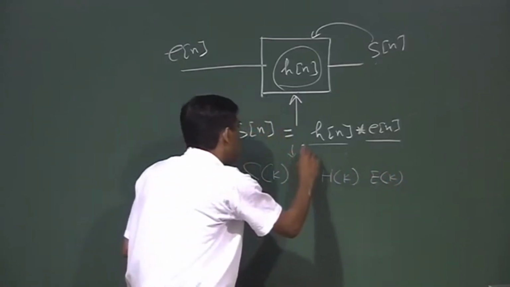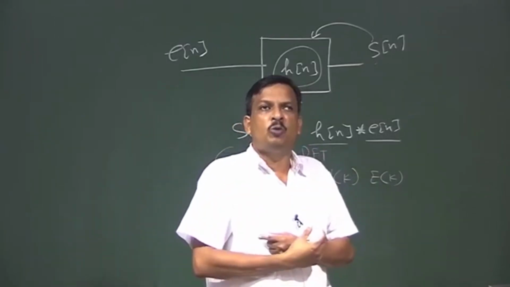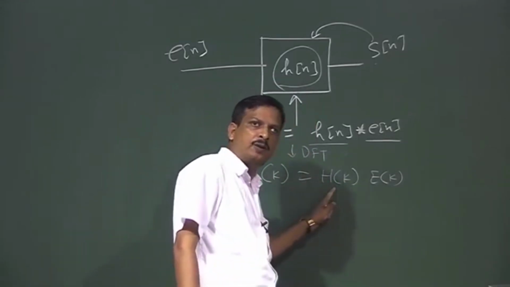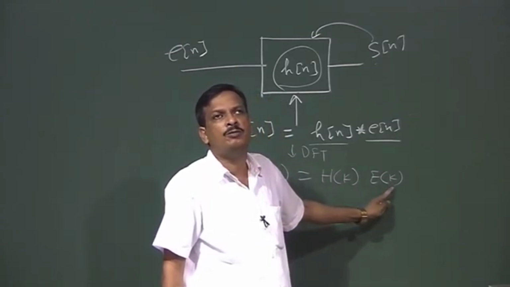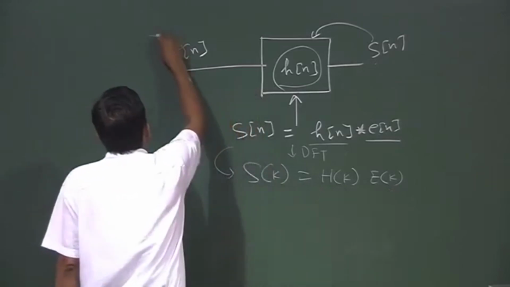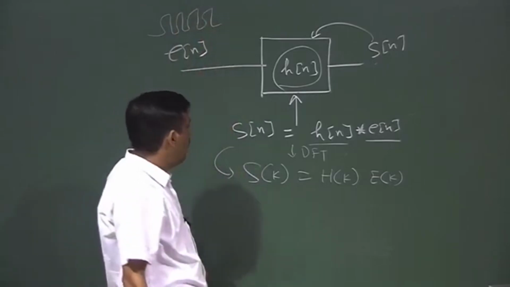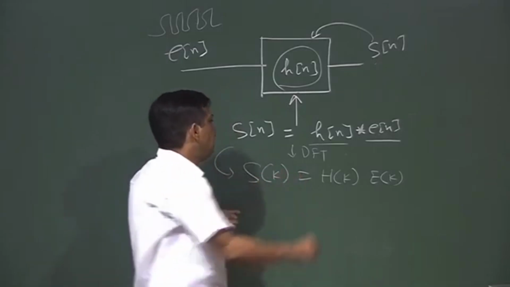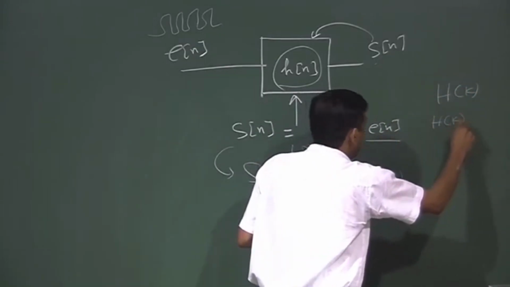If I take the DFT, the discrete Fourier transform, I represent the speech signal in the frequency domain as a product of the spectral representation of the vocal tract and the spectral representation of the excitation source. If I say the excitation source is nothing but an impulse, then I want a signal processing methodology by which I can separate H(k) from the product of H(k) and E(k).